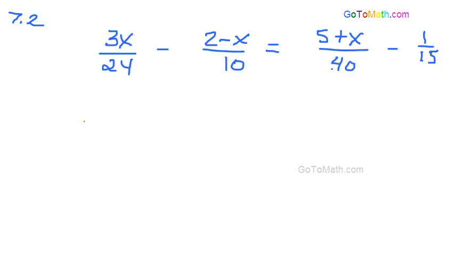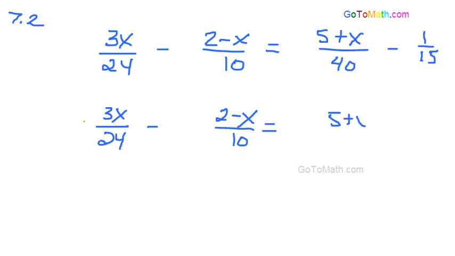Let's see, 5 times 40 is what? 120. Okay, I think it's 120, but I don't know. Let's go ahead and rewrite this. 3x over 24 minus, I hope 120, that's it, 5 plus x over 40 minus 1 over 15.